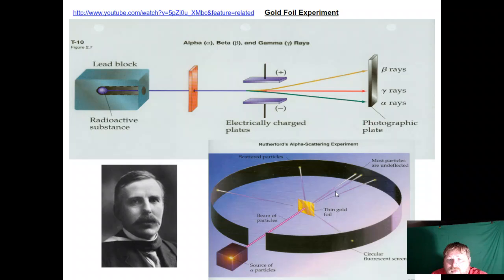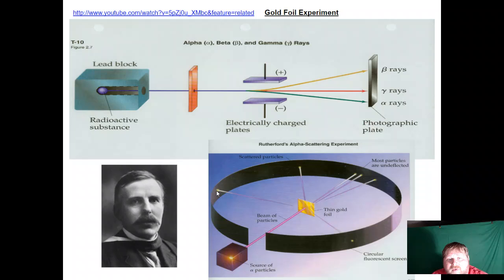But lo and behold, as they let this experiment run, they started seeing some surprising results. They started seeing some slight deviations from straight through, and then some little larger deviations, and then some very big deviations from going straight through. And then there were some really surprising results.